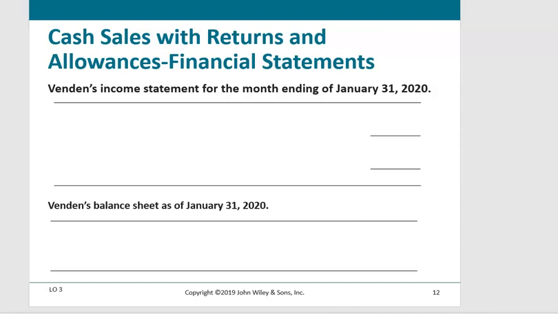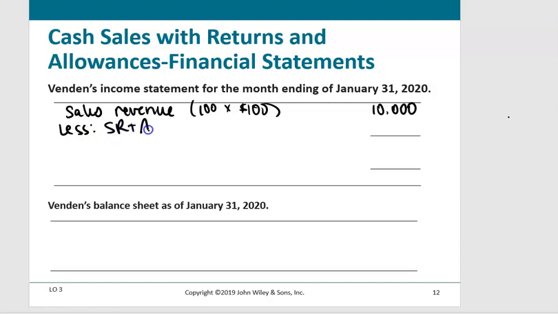Well, the company still has sales revenue of 10,000, just like before, 100 units times selling price per unit of $100. From that, we subtract sales returns and allowances. We're expecting 3 units at a selling price of 100 each, so we subtract out 300.